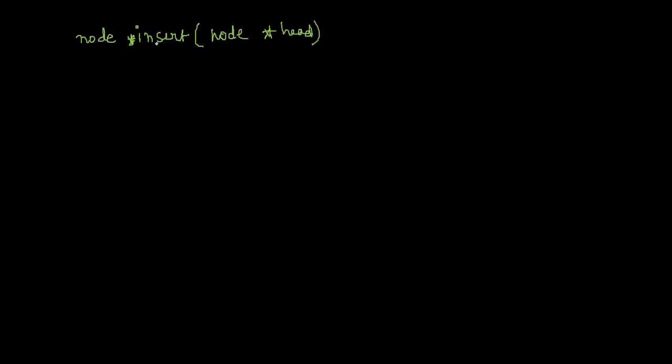That's why you have to consider node pointer, because if there is a change, then it will work. If you write void, then the change will not be reflected in the original linked list.